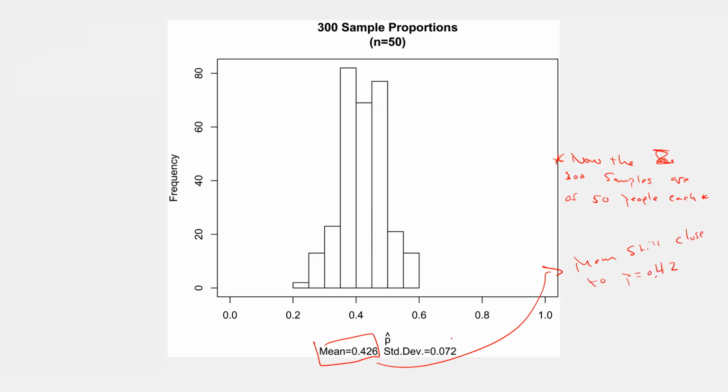And notice when I increased the sample size, the standard deviation got smaller. It was 0.16, now it's 0.072. So increasing the sample size lowers the standard deviation. Does this look kind of like a bell curve?